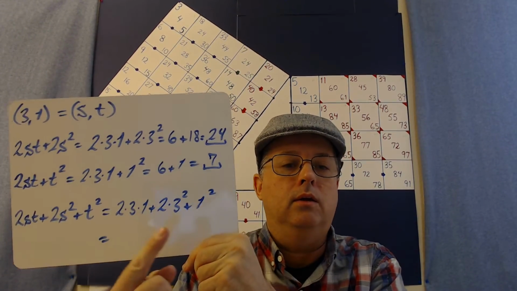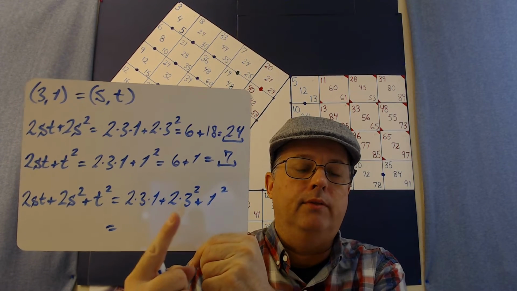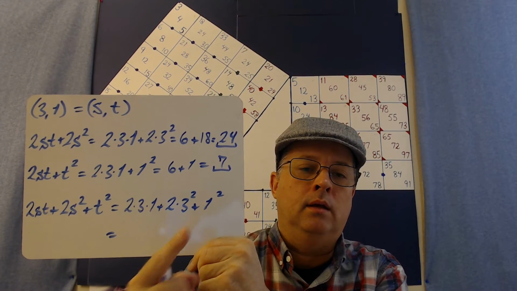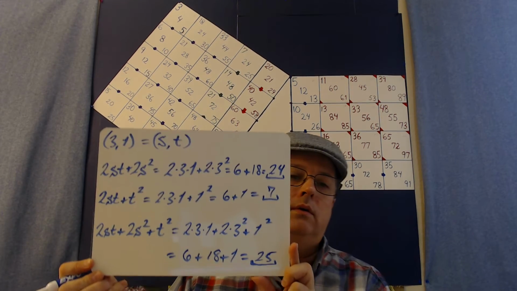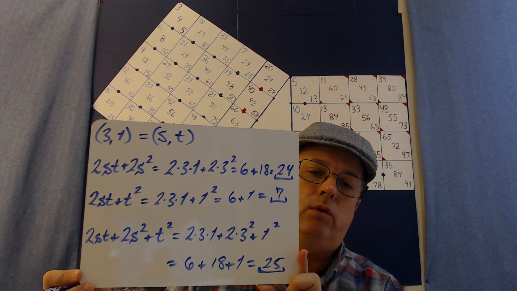Okay, and so the 2 times 3 times 1 is 6, as we said before. And the 2 times 3 squared is 18. And then, so we have 6 plus 18 plus 1. And 6 plus 18 was 24, so this is 25. Okay, and so now this 3-1 combination generates the 7, 24, 25 Pythagorean triple.